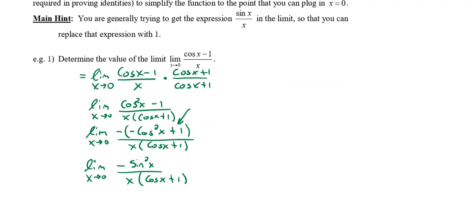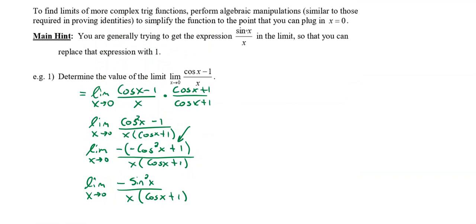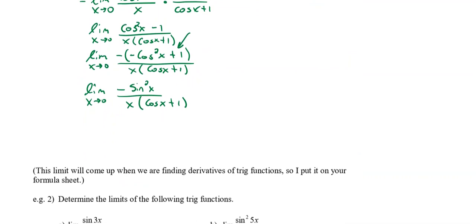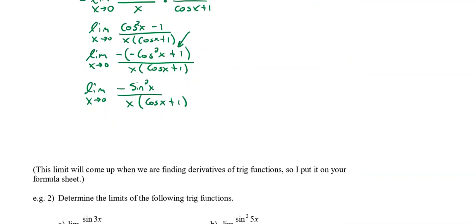Well, remember what I was saying up here. What we really want to do is find a sine x over x somewhere in this. So I'm going to split this up a bit and pull the sine x over x out.